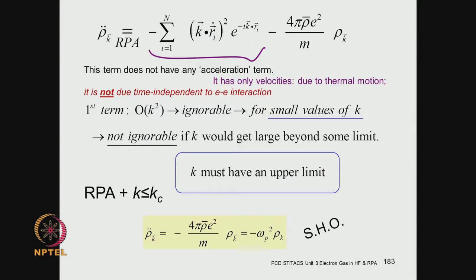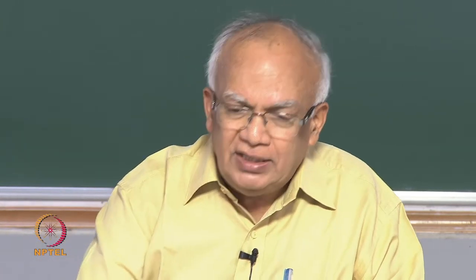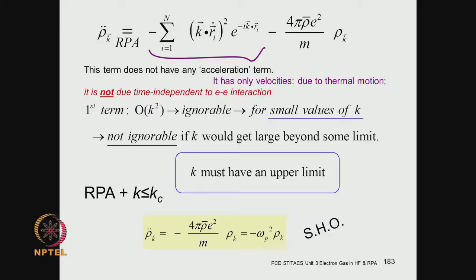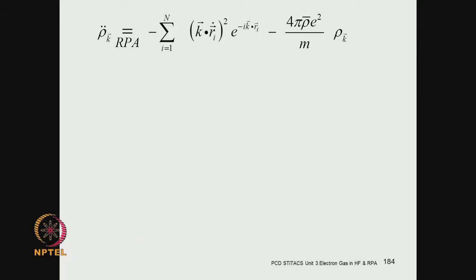So, the collective behavior of the electron gas is now described by these quasi particles if you like, and these collectively oscillate. These are not the oscillations of individual electrons, but the collective oscillations of the whole electron gas. So, this is an equation of motion for the simple harmonic oscillator. This is the expression that we have.